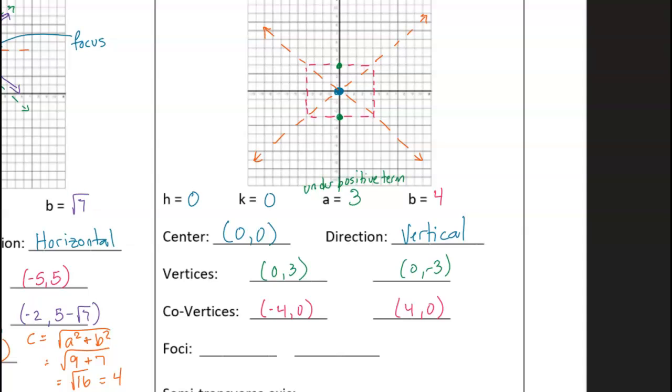And then because I have my asymptotes, I'm going to finish drawing my actual hyperbola, going through my vertices and approaching the asymptotes.